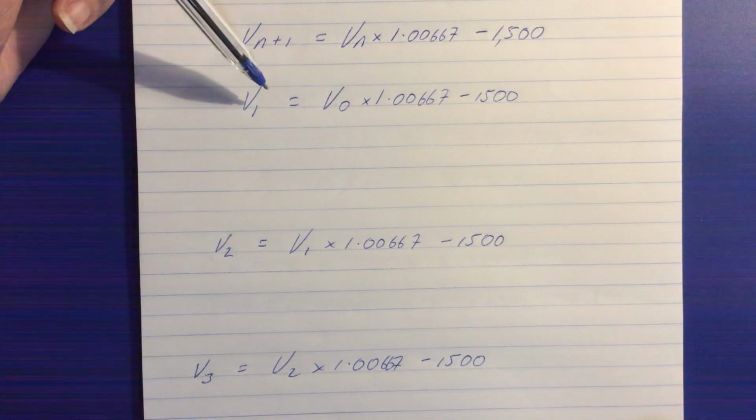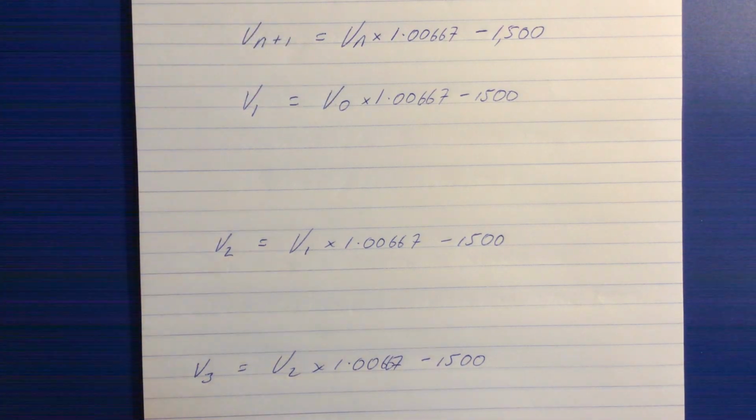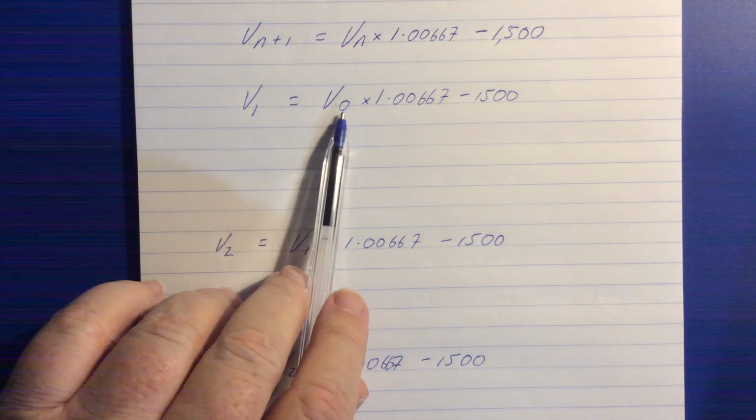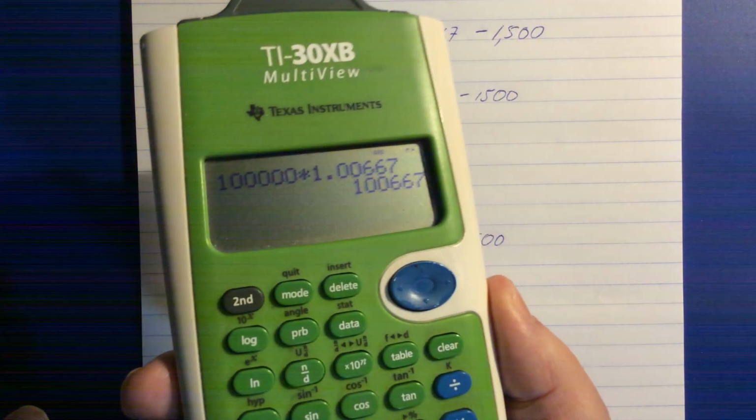So for the first month, Vn is actually V0. That's the starting amount of the loan, and that's $100,000. So the first thing that I'm going to work out is, what is V0 times this? So V0, 100,000 times 1.00667.